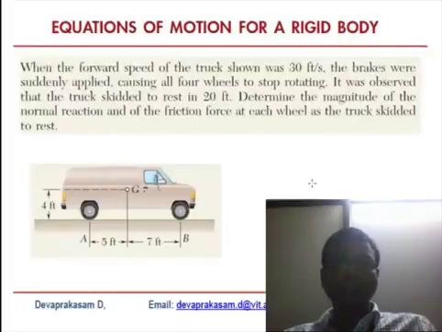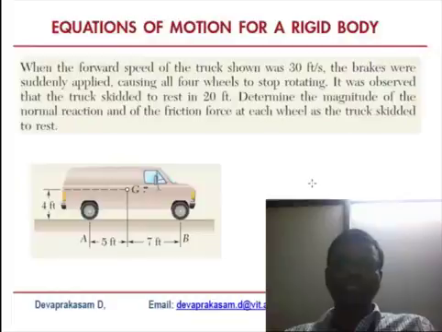This is the equation of motion for a rigid body. The forward speed of a truck, as shown, was 30 feet per second. When the brakes are suddenly applied, all four wheels stop rotating.